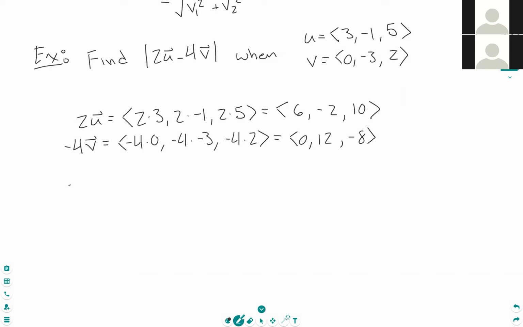And now we need to find what 2u minus 4v is equal to. Well, this is our 2u, wrote that small, 2u plus our negative 4v. And we can write that as 6, negative 2, and 10 plus our vector 0, 12, and negative 8.